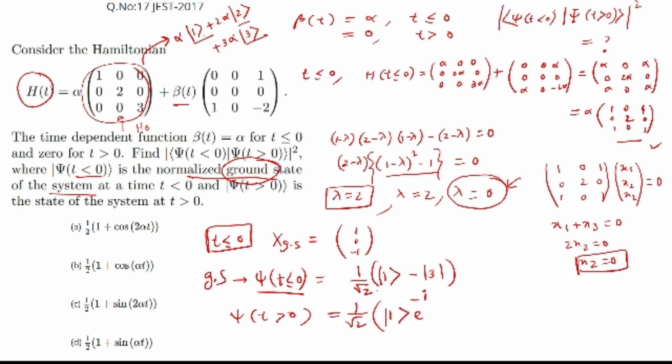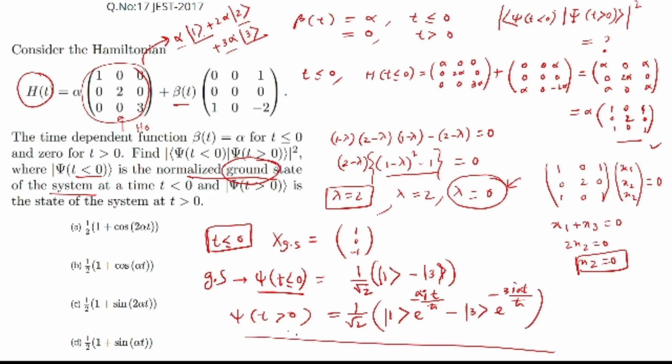For the 1 0 0 state, it is alpha, so e to the power minus iota alpha t by h cross, then minus k3 e to the power minus 3 iota alpha t divided by h cross, since for k3, the state 0 0 1, the eigenvalue is 3 alpha.